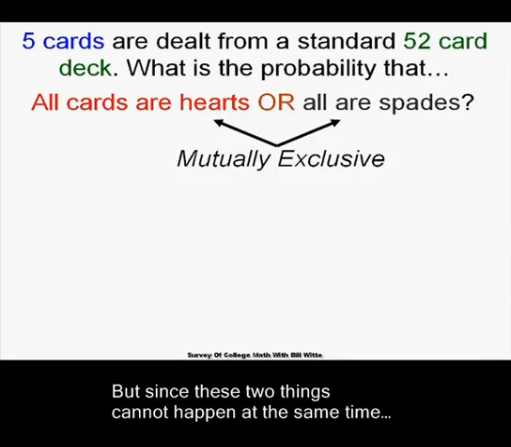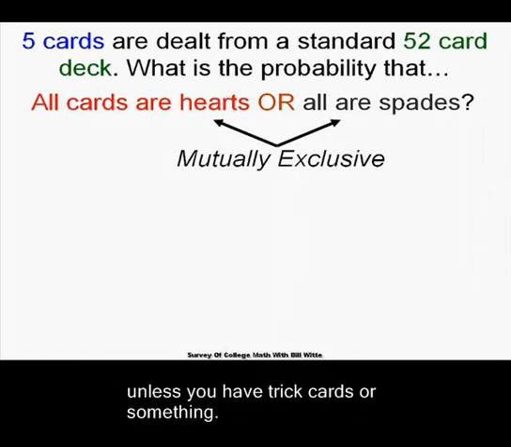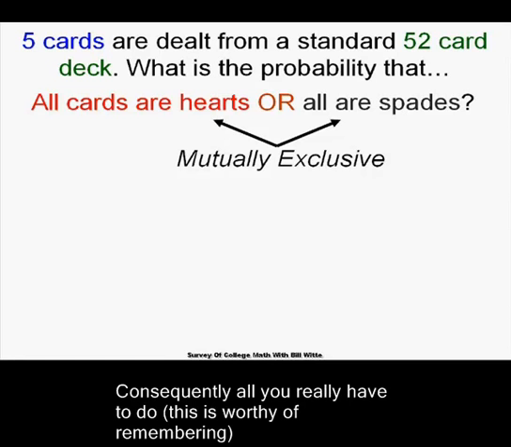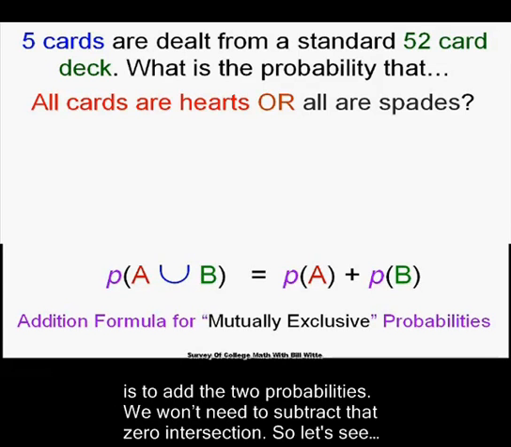But since these two things can't happen at the same time, you can't have a hand that's all hearts and all spades at once, unless you have trick cards. They're mutually exclusive. All you really have to do, and this is worthy of remembering, is add the 2 probabilities. We don't need to subtract the 0 intersection.